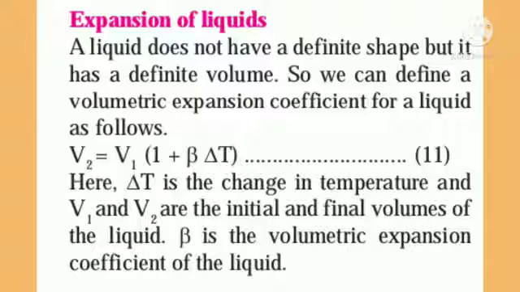So we can define a volumetric expansion coefficient for a liquid as V2 is equal to V1 into (1 plus beta delta T), and here delta T is the change in temperature and V1 and V2 are the initial and final volumes of the liquid. Beta is the volumetric expansion coefficient of the liquid.